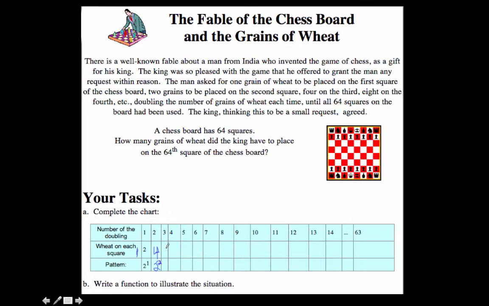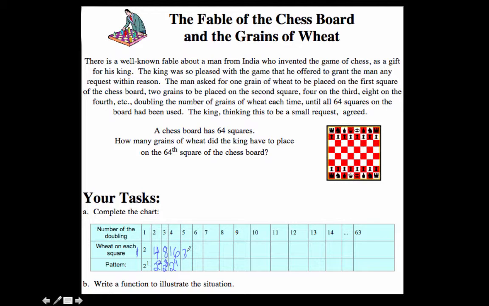So it's now 2 squared. This one he has 8 because he's now taken that 2 squared and multiplied by 2 again because he's doubling every time. The next one he has 16 because he's doubled the 8. He doubled the 2 cubed, which means he multiplied by 2 one more time, so 2 to the 4th.